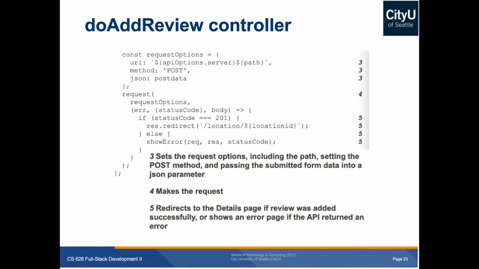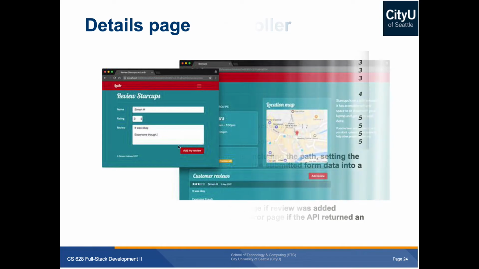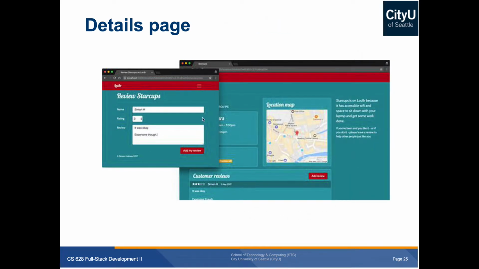It won't let me stay in the add review form. If I do want to add a review again, I would click that button and it would show me an add review form. And let's say I can add another review, and when I click that submit, then it lets me go back to that specific location, the location info. Okay, else show error. So here, I do this, it should put me back in the details page.